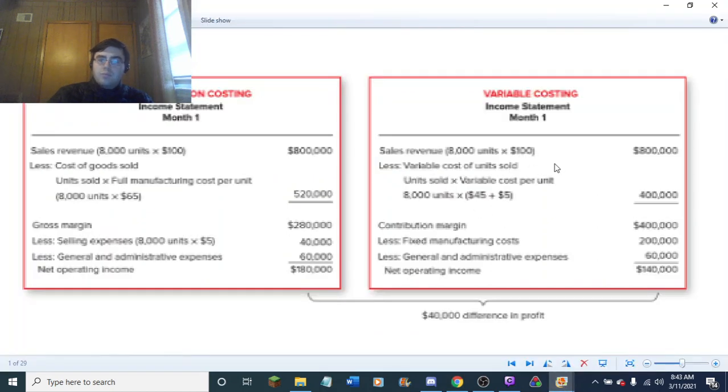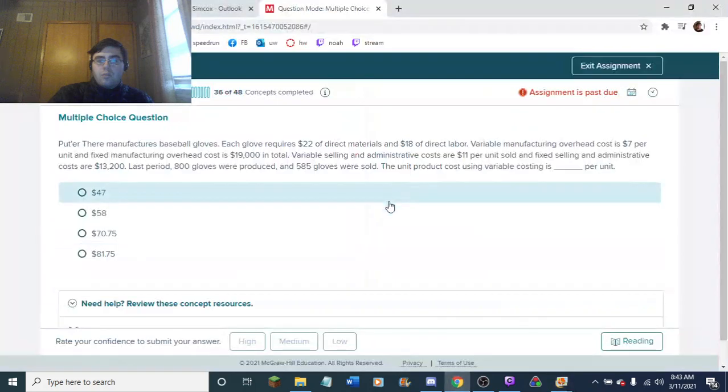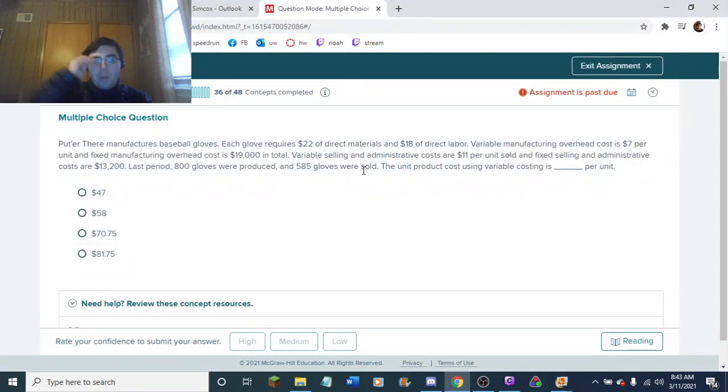No. Yeah, but the general administrative expenses, though.